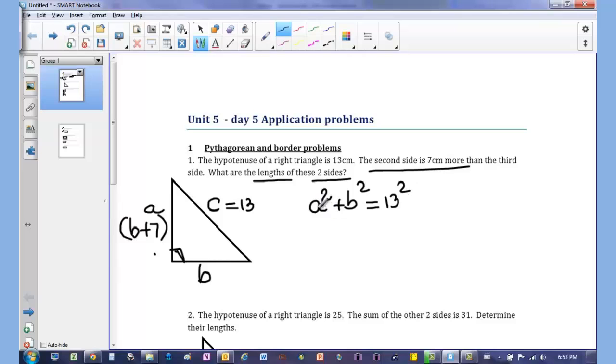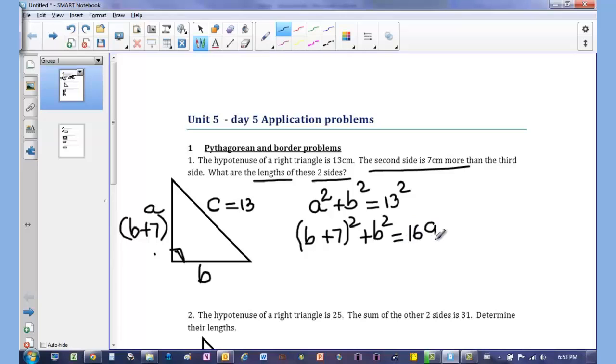A can also be written as B plus 7, so (B plus 7) squared plus B squared equals 169.